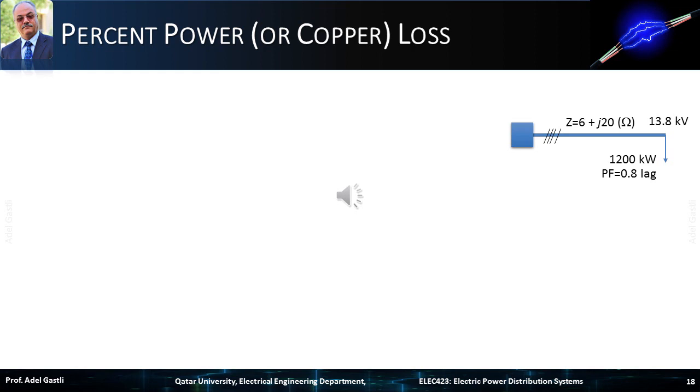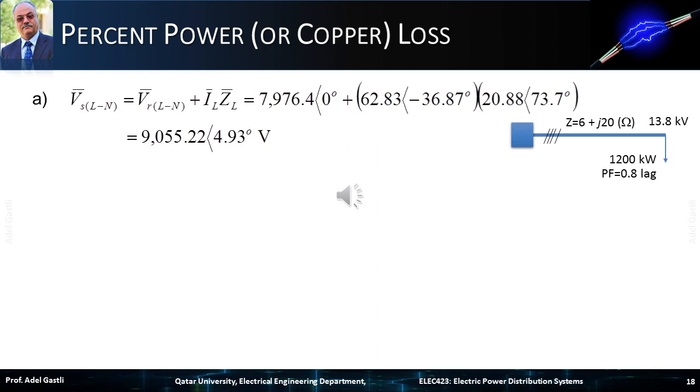Note that, in this example, we will calculate the exact value of the voltage drop and voltage at the sending end, and we will not use the approximate equation. We will just use Ohm's law and not make any assumption. To answer question A, we just use the KVL equation of the voltage and replace with numerical values.